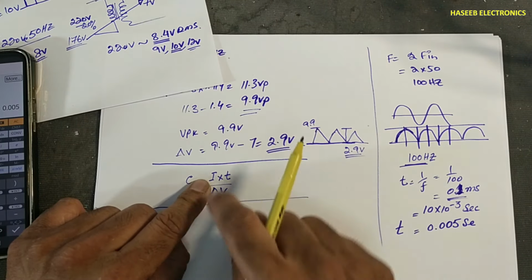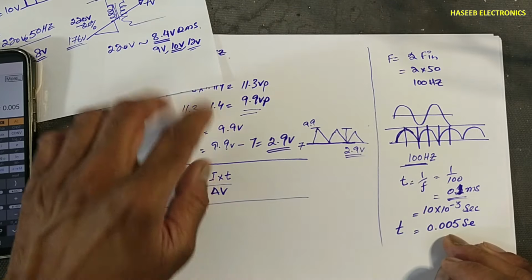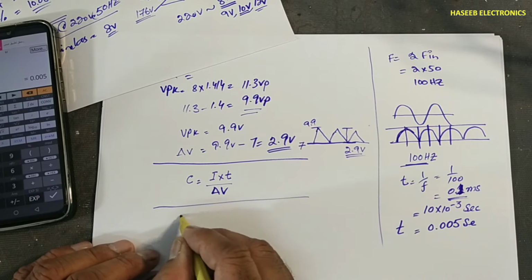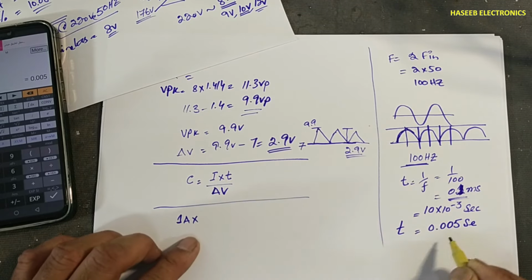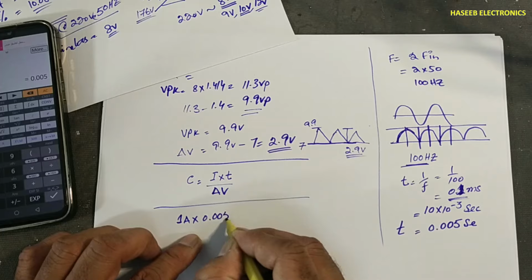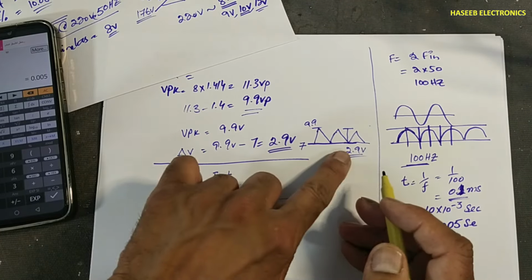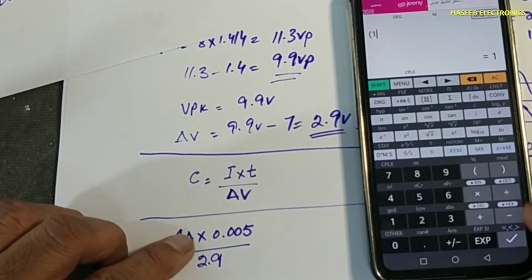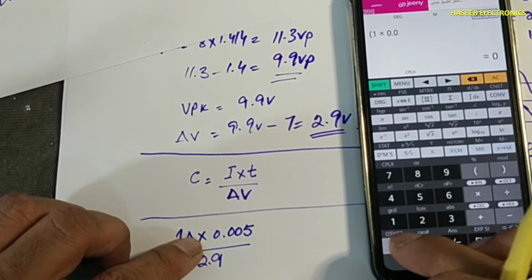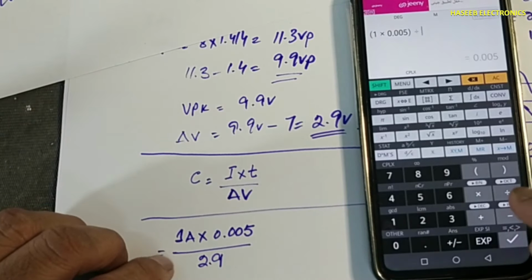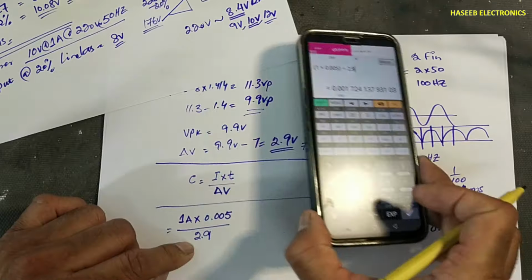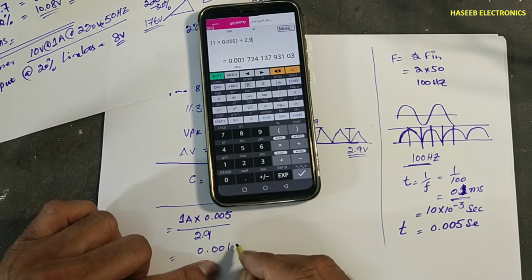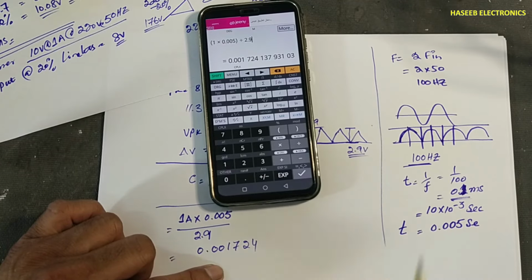We have the maximum current that this transformer can provide, it is 1 ampere. 1 ampere multiplied by 0.005 and the allowed voltage variation of 2.9 volt. 1 multiplied by 0.005 divided by 2.9 is 0.001724.